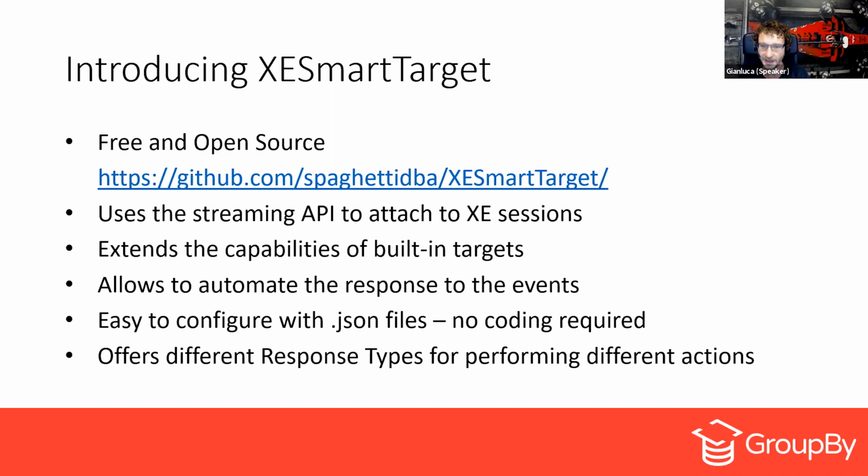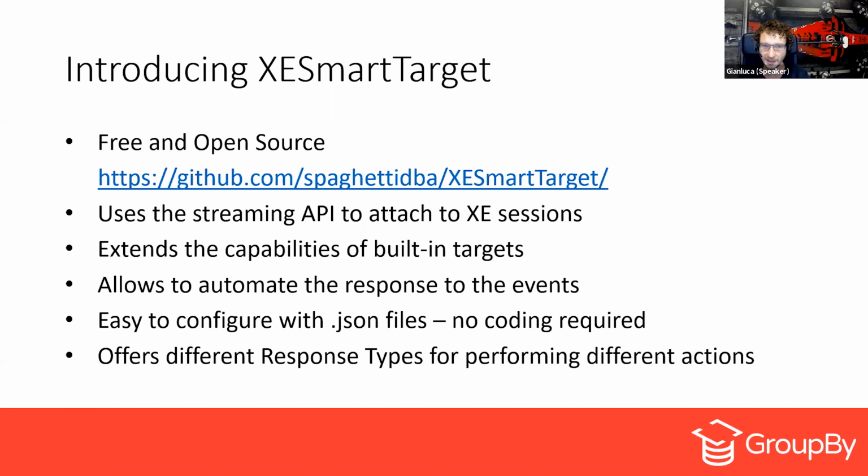What can you do? You can automate the response to all the events that you receive from the streaming API, and you can configure what you will do in response to each of these events without having to write any code.